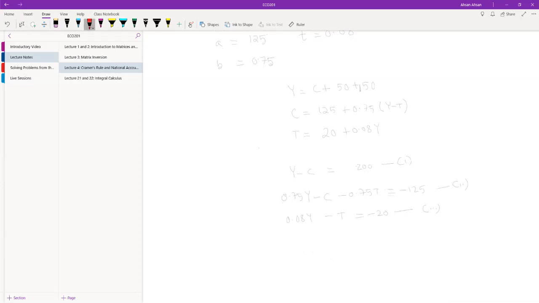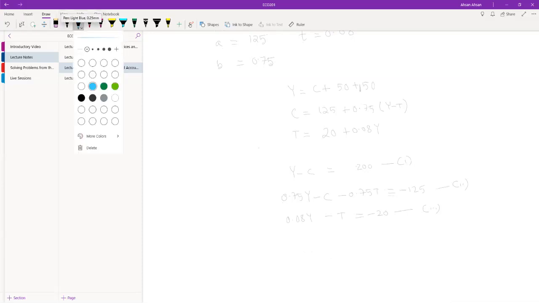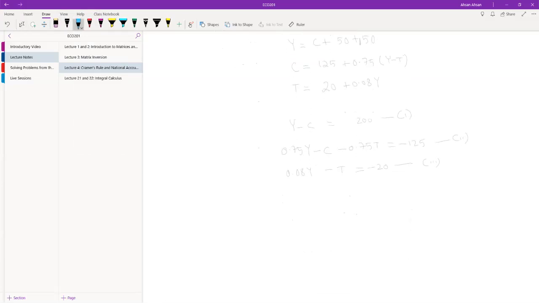Let us first start off by converting this into matrix form. That gives us 1, minus 1, 0; 0.75, minus 1, minus 0.75; 0.08, 0, minus 1.